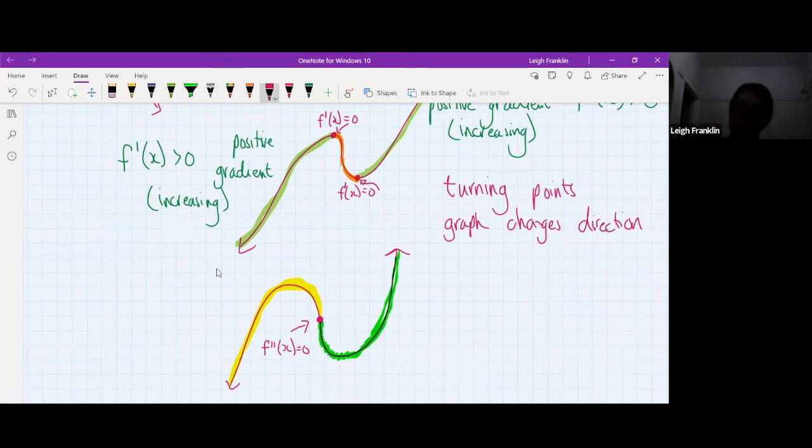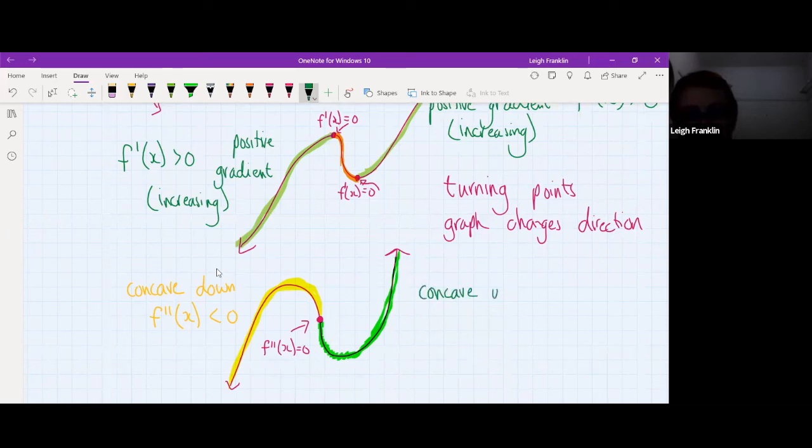When the graph is concave down, the second derivative, I hope you guys can see that, is negative. When the graph is concave up, your second derivative is positive.